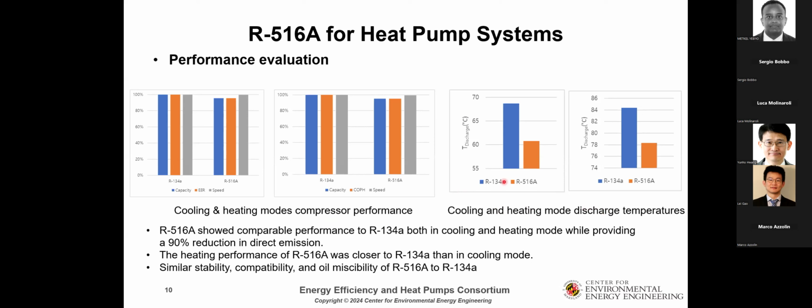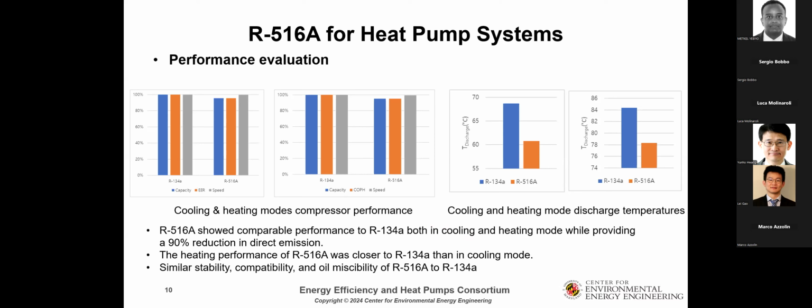The left side shows that when the compressor performance of R516A was compared to that of R134A with the same motor design, both the capacity and the EER for cooling and the COP under heating mode will be slightly lower than R134A.